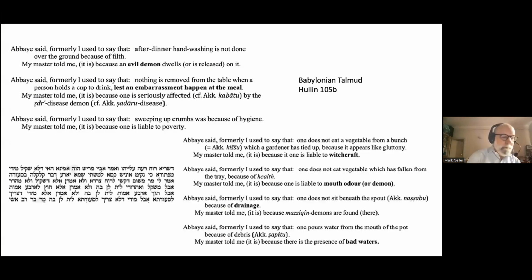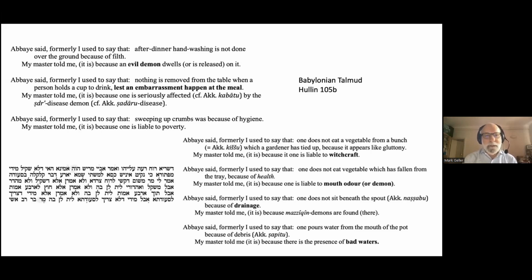You notice the statement itself, as we'll see, is just in a paragraph form, but it turns out to be an interesting case of Listenwissenschaft, because each statement begins with the same expression. Abaya said, "Formerly I used to say that," and then the expression comes, "my master told me it is because of something."